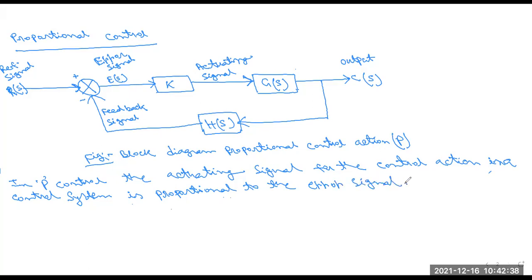So first we have to know that in this proportional controller, the actuating signal for the control action in a control system is proportional to the error signal, that means E(s).